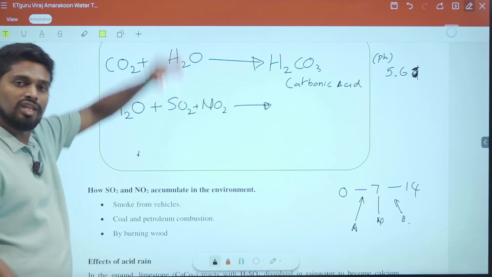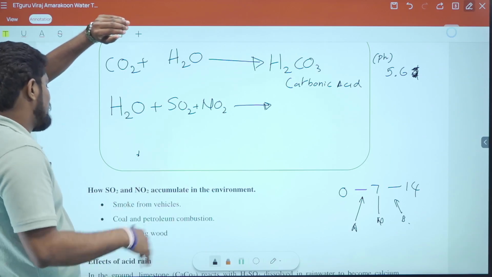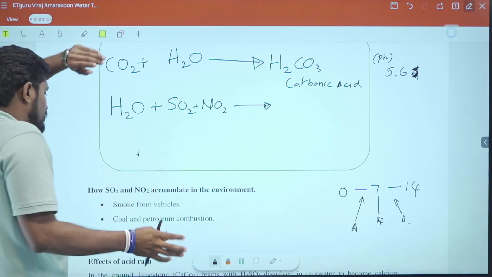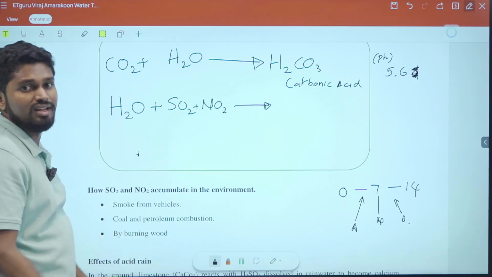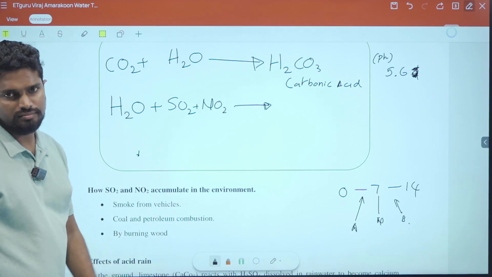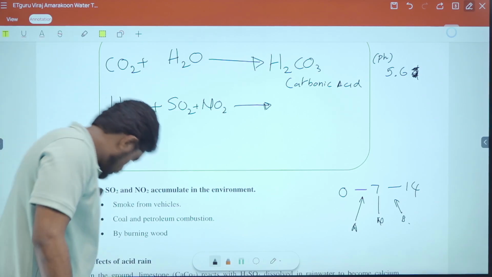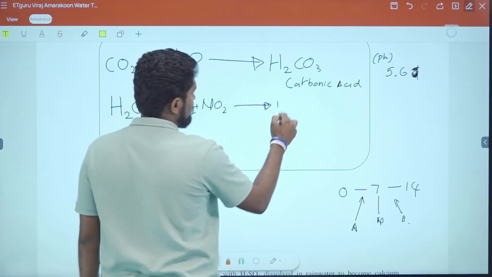Then, with the H2O in the clouds at the low level, it happens because of the smoke of vehicles, coal and petroleum combustion, and burning wood, producing sulfur dioxide and nitrogen dioxide.